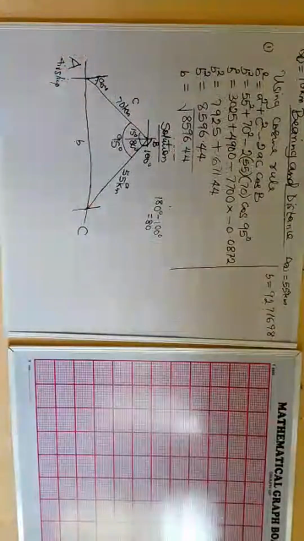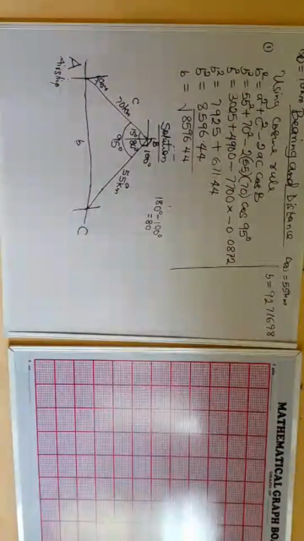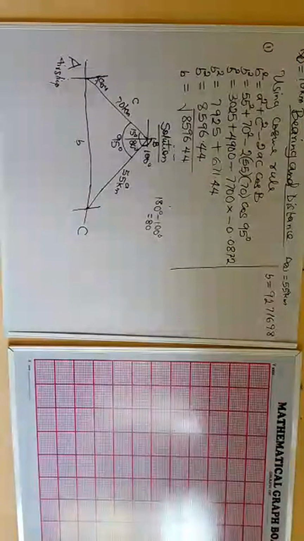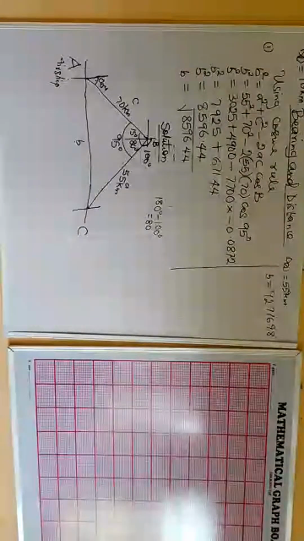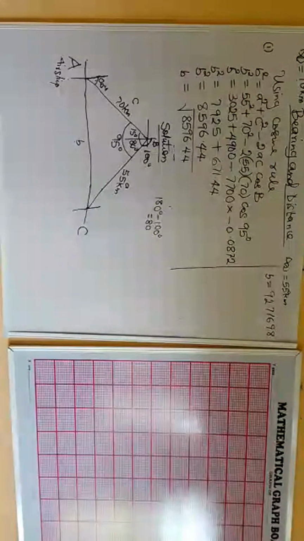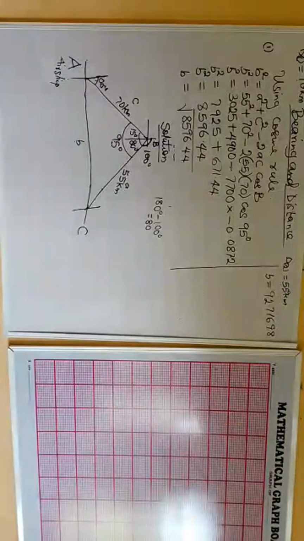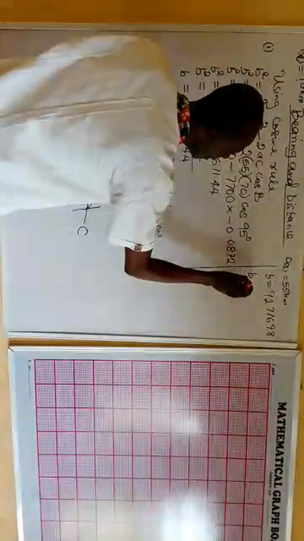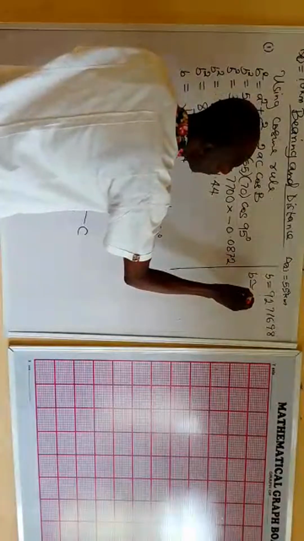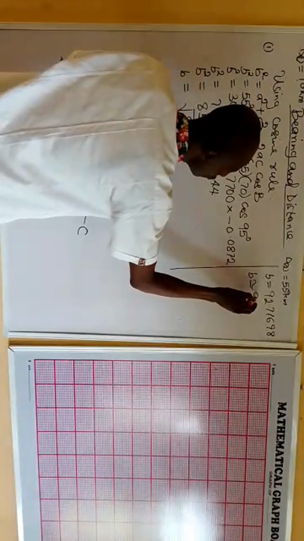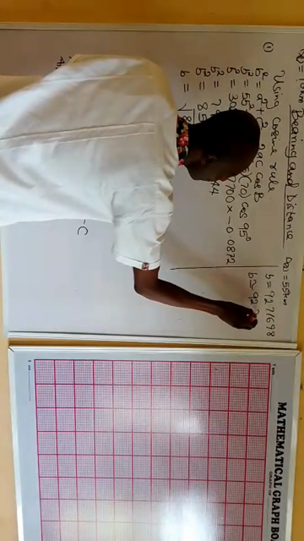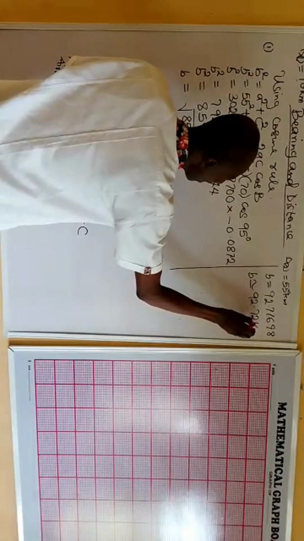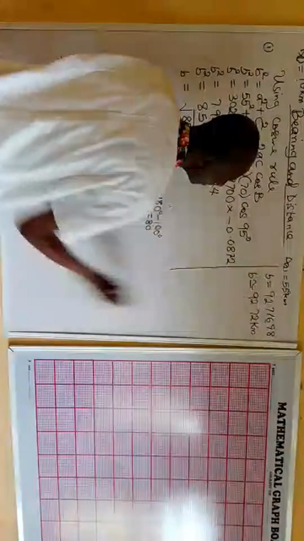But take note, if you look at the question, we are asked to approximate to 2 decimal places. So therefore, b is by approximation 92.72 kilometers.